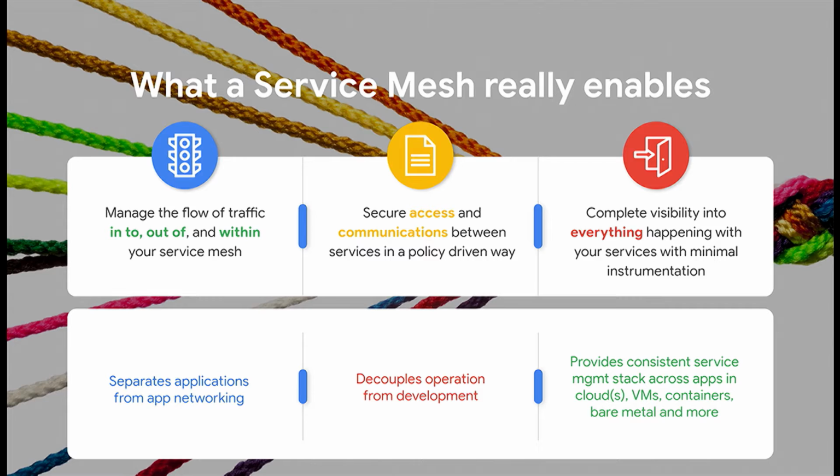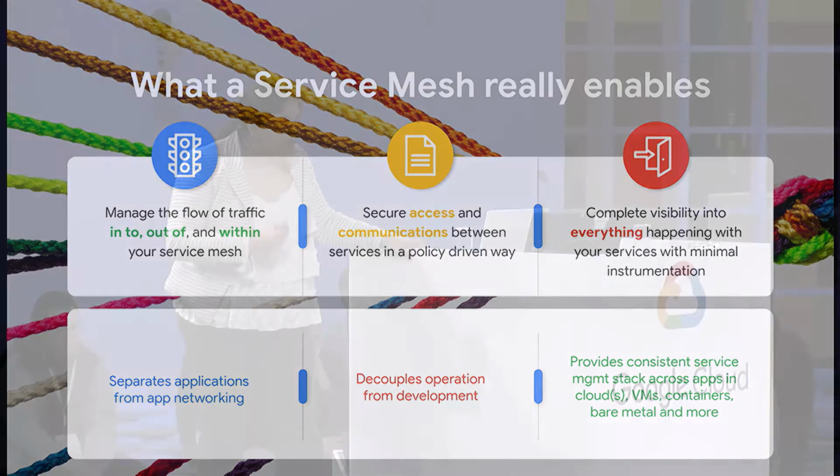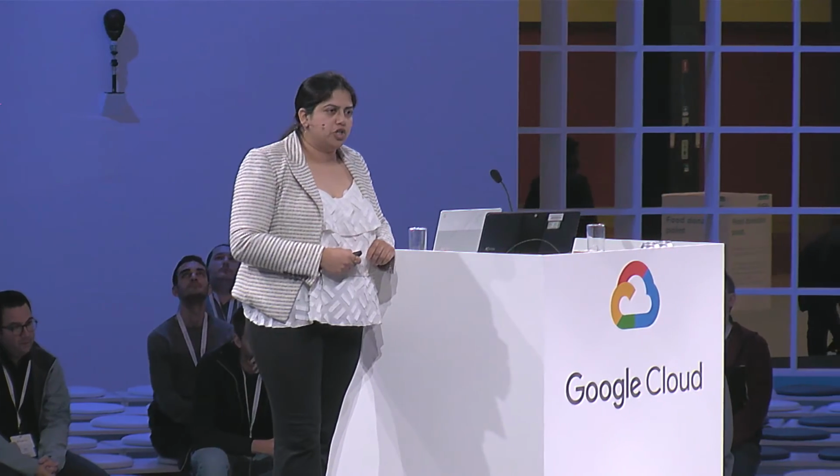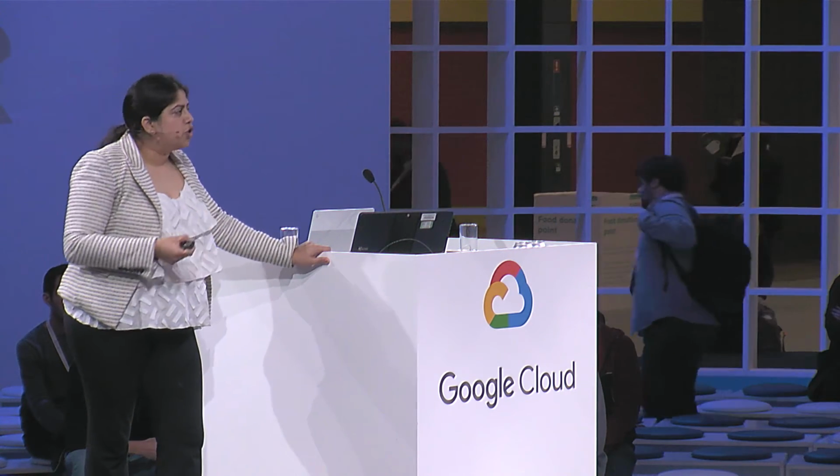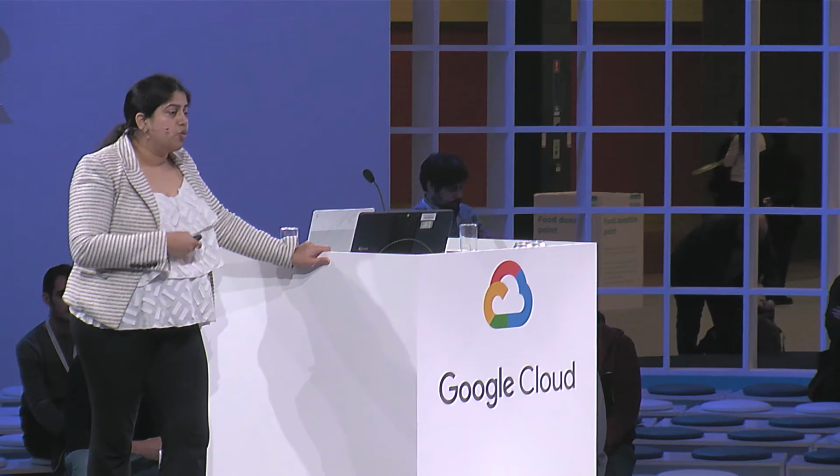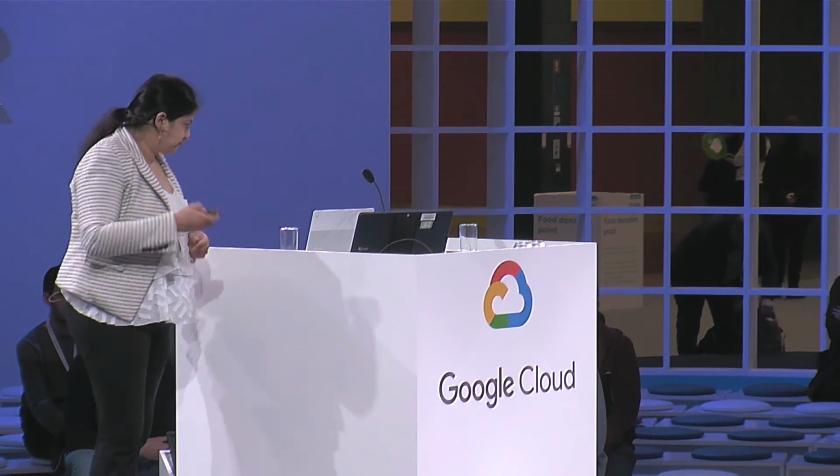And then the third thing, which is very important, is it gives you full visibility into what's going on in your mesh. And this is at the service level, not at the infrastructure level, not at the container level, not at your hardware or virtual network, at the service level. And it gives you deep insights into what's happening and what kind of policies you should be putting in there to ensure that the behavior of your services is as you want it or as you expect to be.